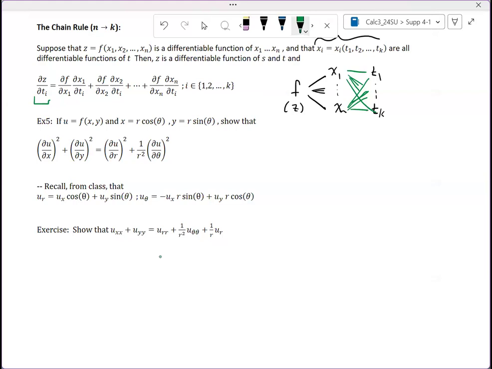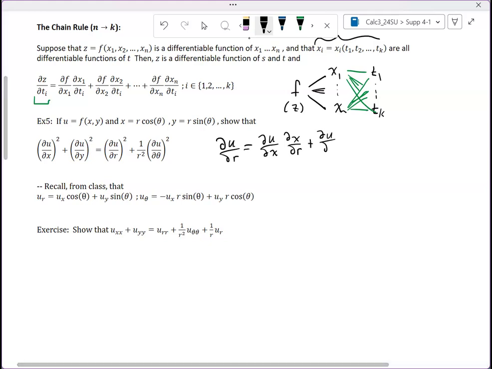Okay, so let's take a look here. We saw up above, the way that we approached this was we said that the partial of u with respect to r, say, was partial of u with respect to x, partial of x with respect to r, plus partial of u with respect to y, partial of y with respect to r.